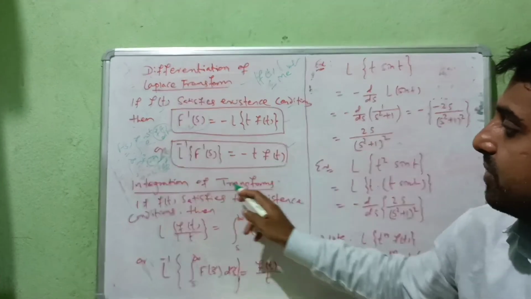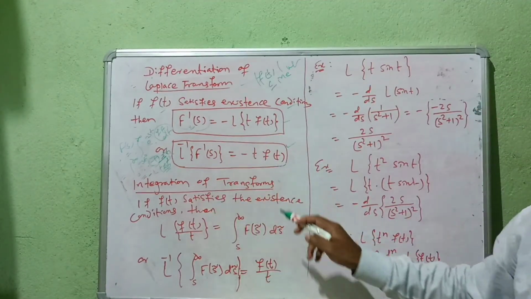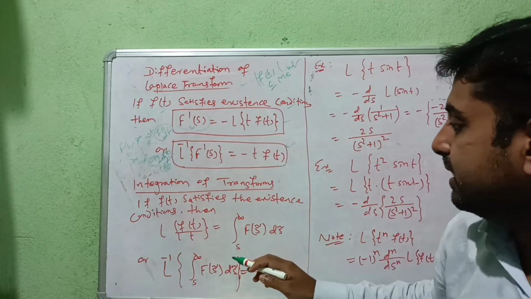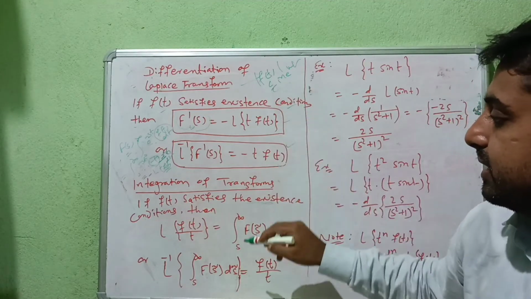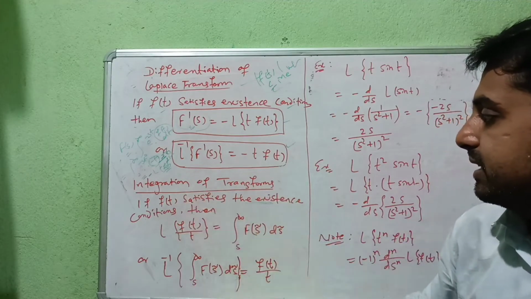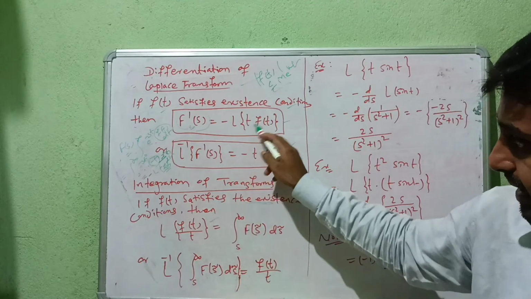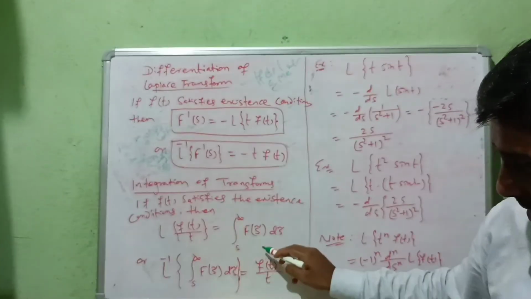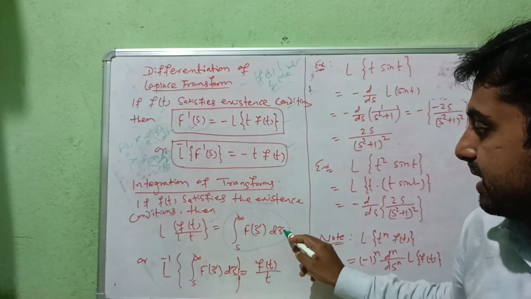Similarly, here is the differentiation of transform and this is the integration of transform, with the same condition. If f of t satisfies the existence conditions, then Laplace of f of t by t will be the integration from s to infinity of F of s tilde d s tilde.